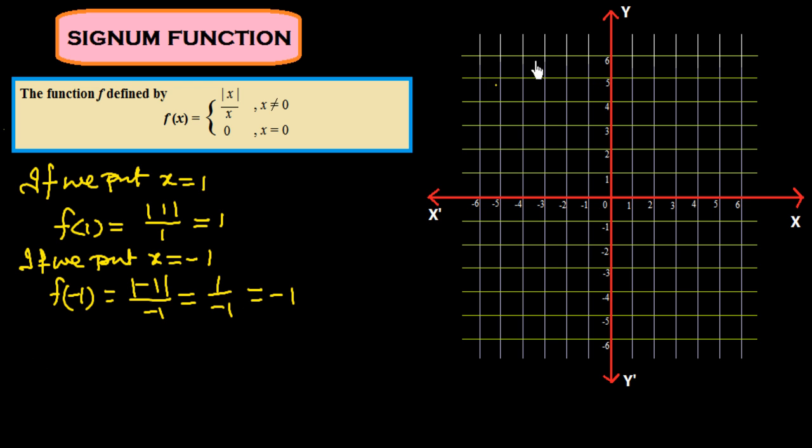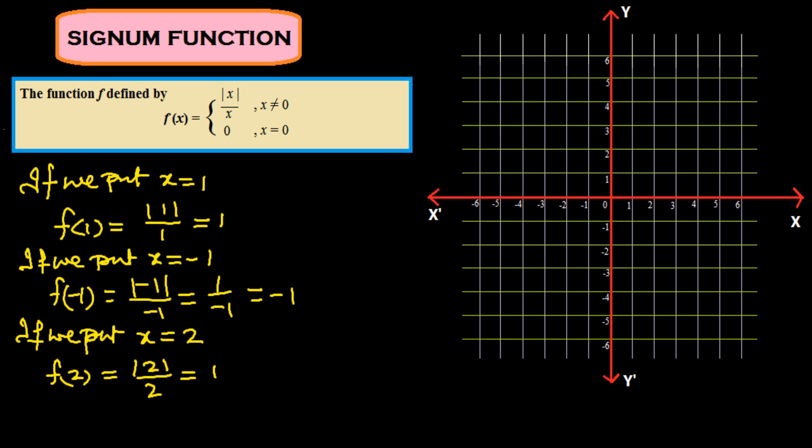Now if we put x is equal to 2, then we get f of 2 is equal to mod of 2 over 2, which is again 1.